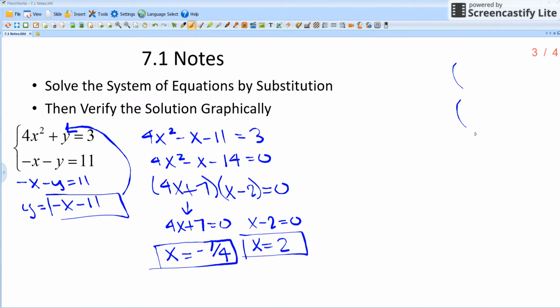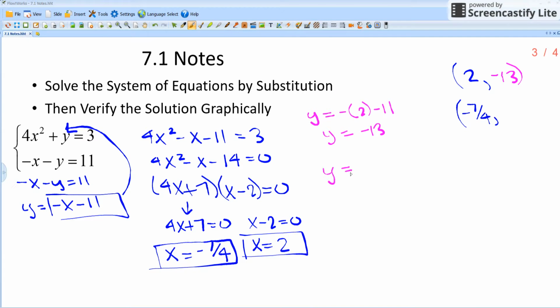So over here, I'm just going to write the fact that I have two different answers so far, 2 and negative 7/4. And then I'm going to substitute each one of them into the equation for y. So I'll have y is equal to negative 2 minus 11, which gives us y equals negative 13 when x is positive 2.